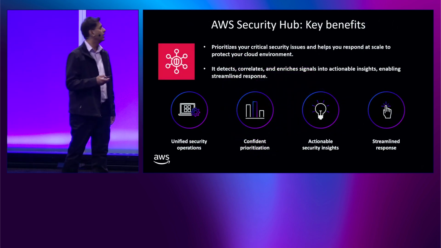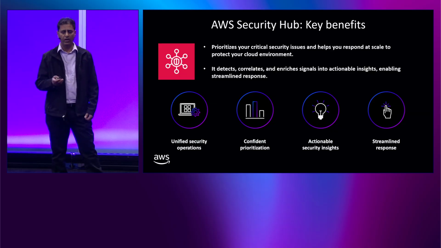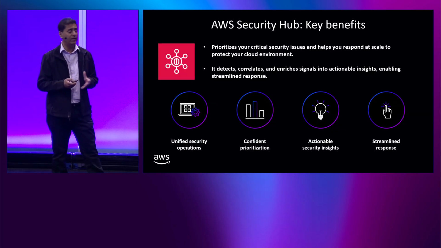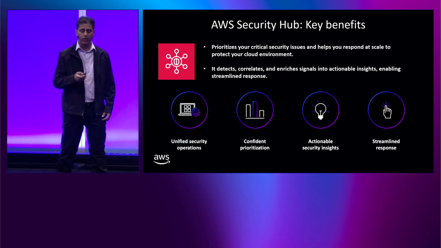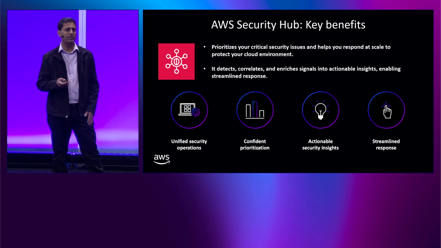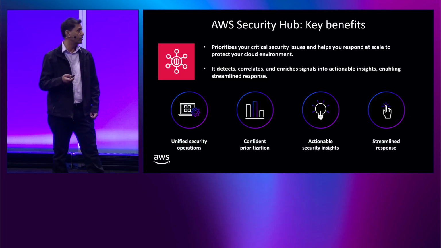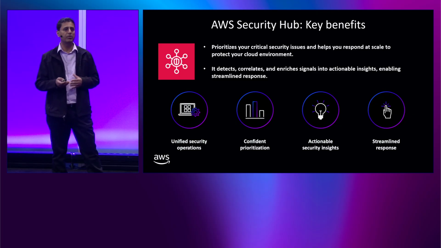And what are the key benefits of AWS Security Hub? As I said, it prioritizes your critical security issues so that you only look into the top priority ones and ensure they have been addressed properly. It detects, correlates, and has integrations with Jira, ServiceNow, and Slack, so that the operations or DevOps teams can go and look into it.